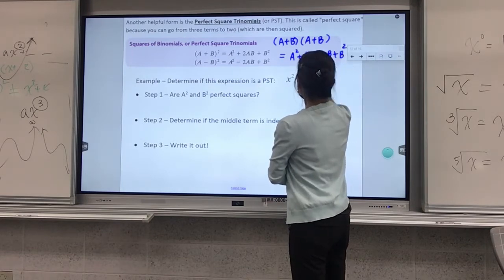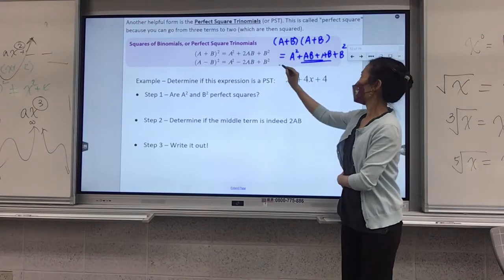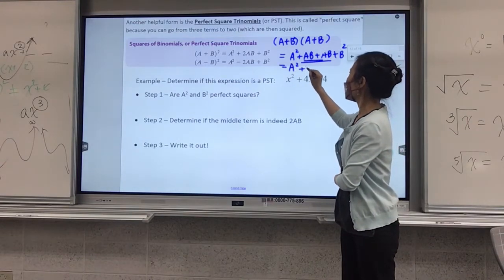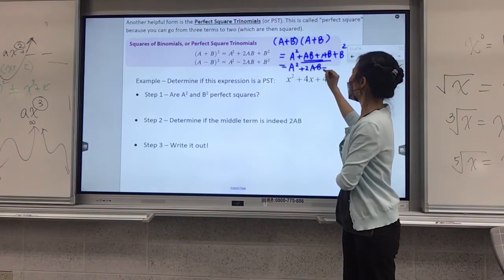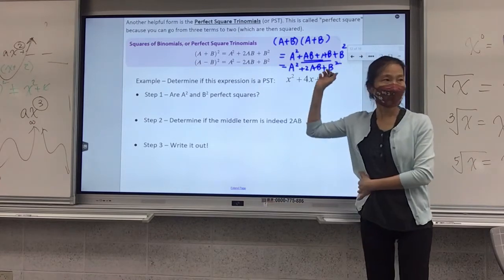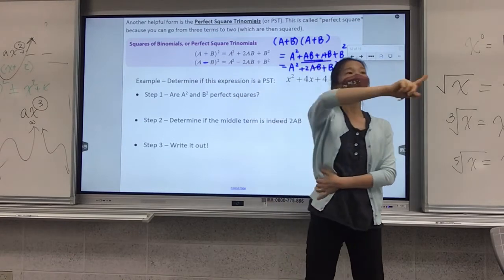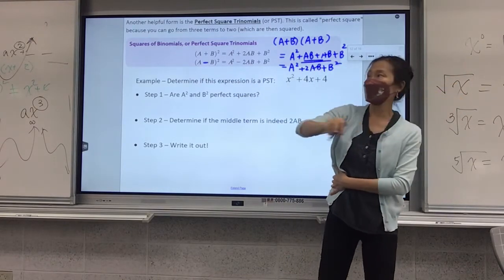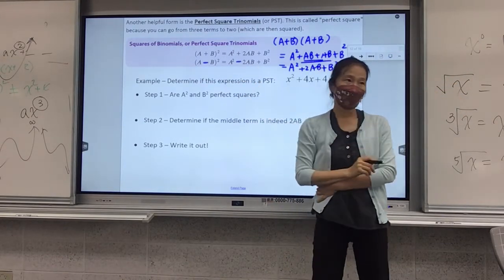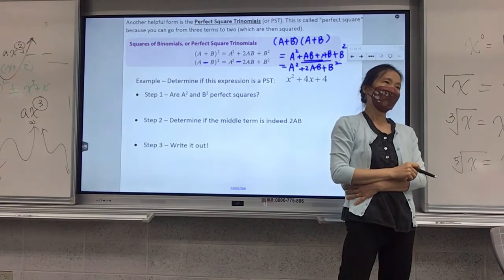You are forgetting the middle term. If this is subtraction, then the middle term, 2ab, will be minus 2ab.